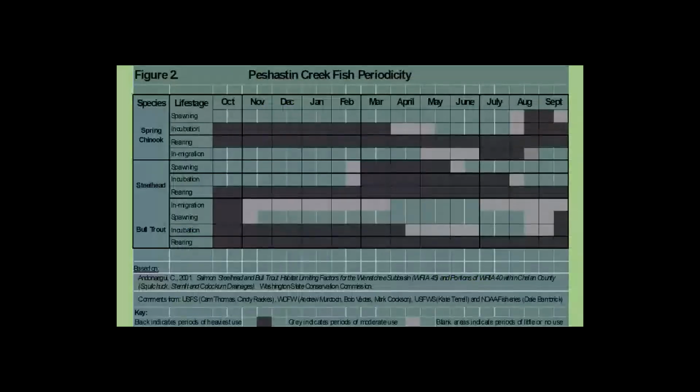Okay, I'm going to move on then. So we have a Peshastin Creek fish periodicity table, and most of you are more qualified than I am to speak to this. But just in terms of what's going on in Peshastin Creek, we have rearing for spring Chinook, steelhead, and bull trout, and then different life stages for spawning, incubation, in-migration, etc. We include this information in some of the work we do around the pumpback station, which I'll talk about.